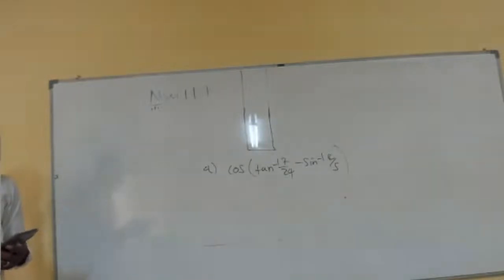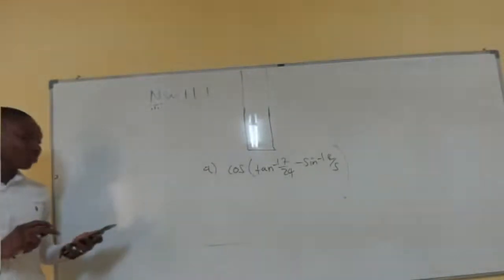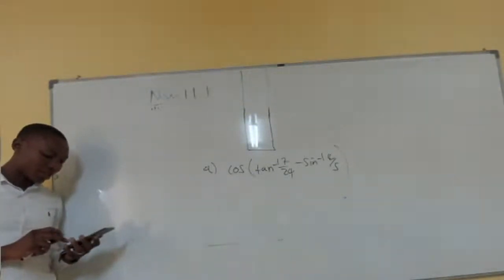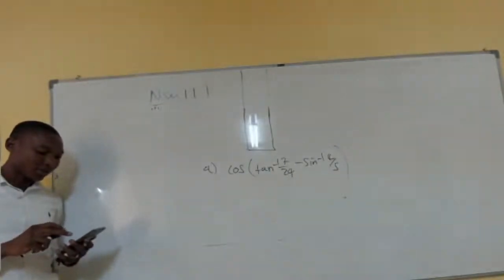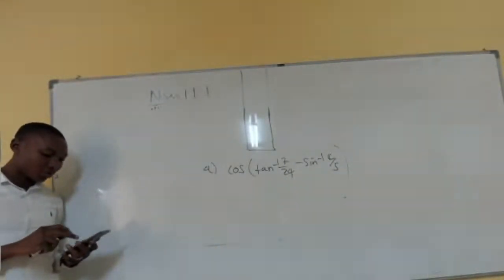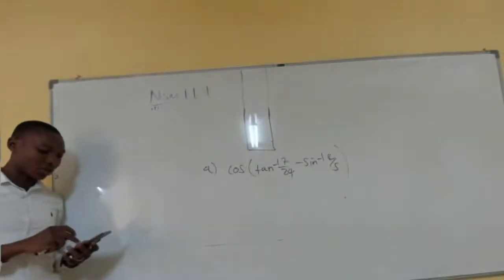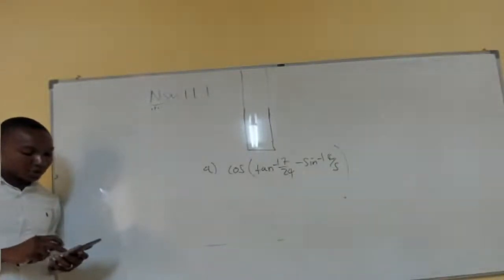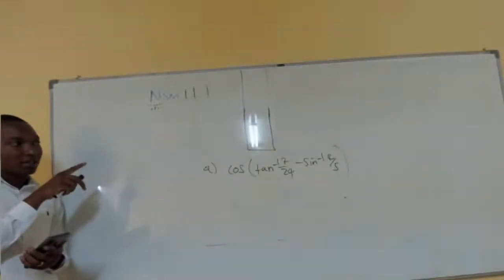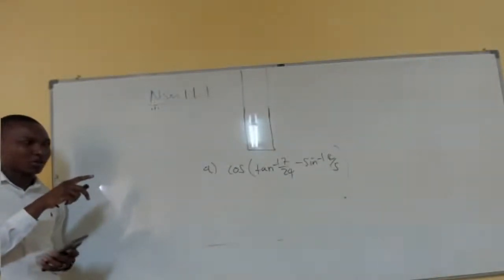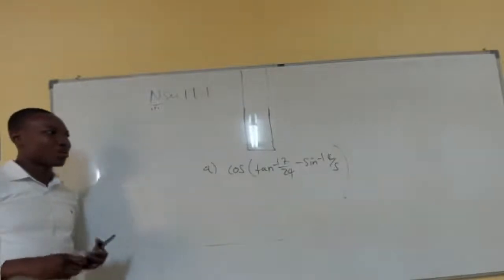Basically, this concept is not so different from the ones that we've just been doing. How you deal with such a question is we're first going to look at tan inverse of 7/24.